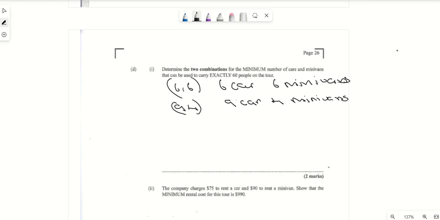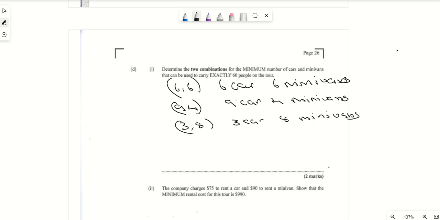Or you could have your last combination, which was 3 cars and 8 minivans. Whichever one you choose will be correct.